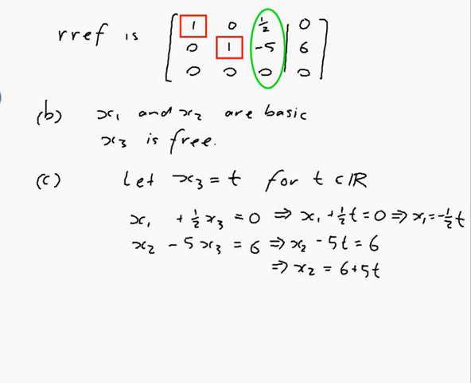And so we can finish off our solutions like this. So, x1, x2, x3, we put them in a vector like this, is equal to, well, let's see, x1 was minus a half of t, x2 was 6 plus 5t, and x3 was t.